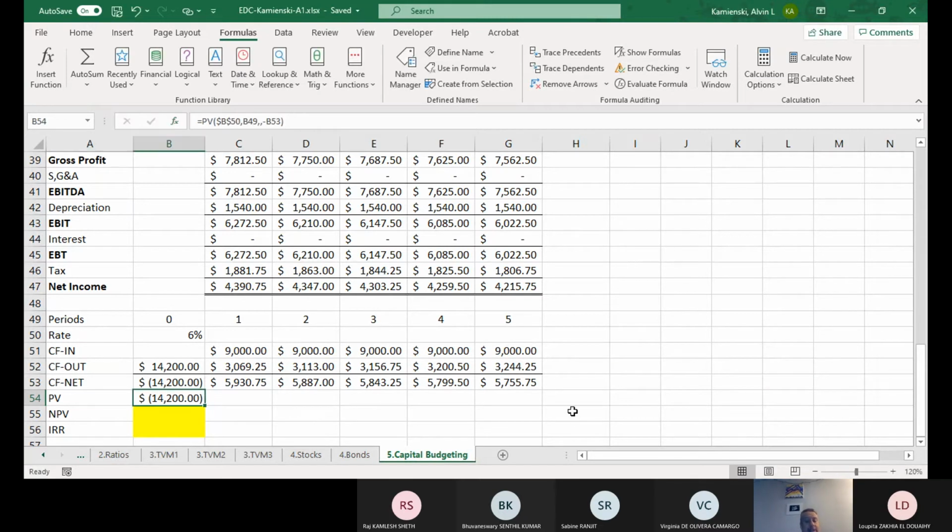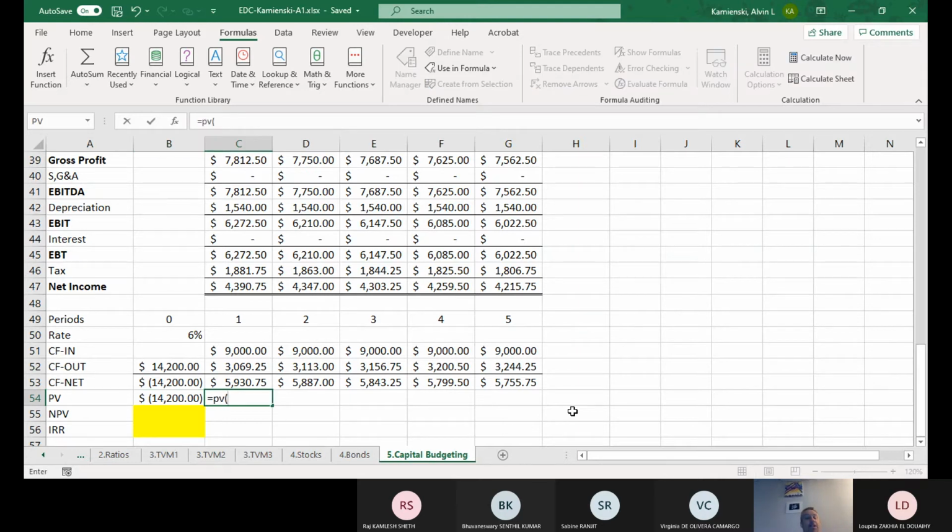And what that tells me right now is, as you might imagine, if right now you get nothing, and then right now you spend $14,200, that's a cash flow net of $14,200, which means your bank account is going to go down $14,200 right now. But why do you have it go down?